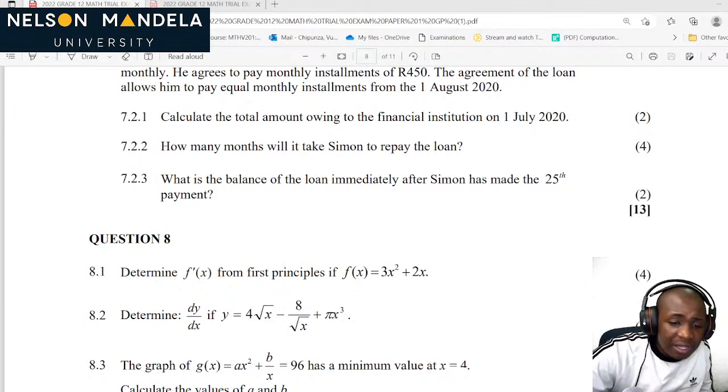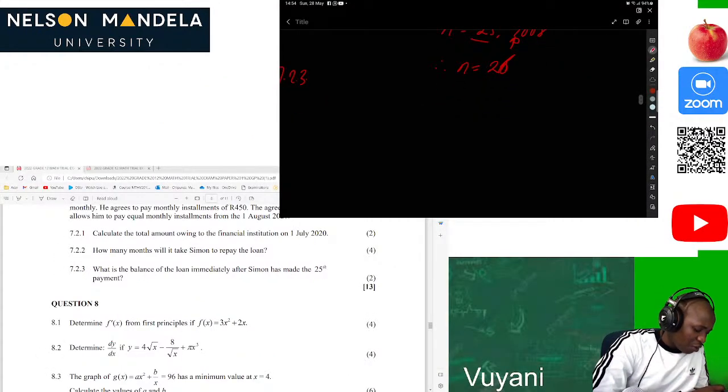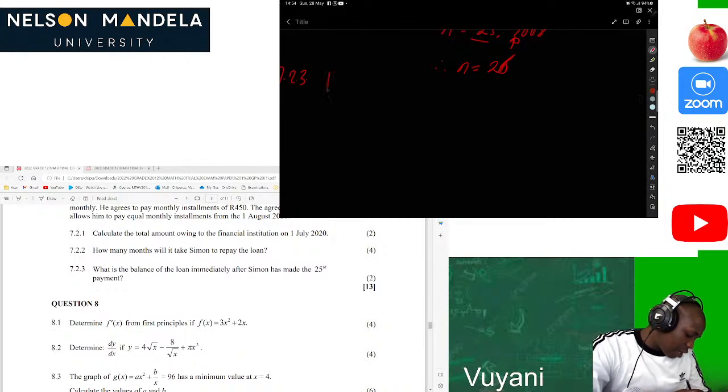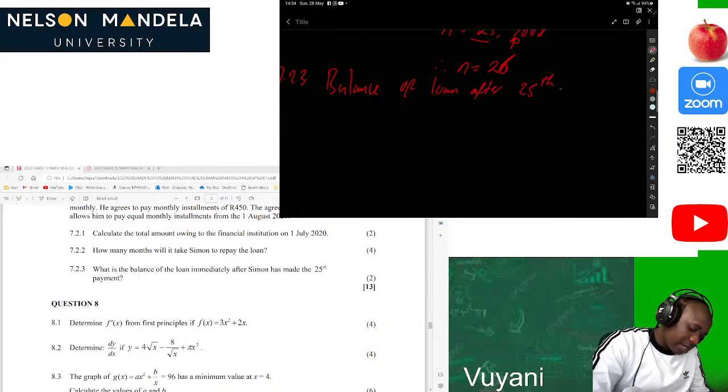Now, let's look at 7.2.3. How can we solve 7.2.3? This is easy because we now know how to calculate the balance, okay? So we want the balance of the loan after the 25th payment.